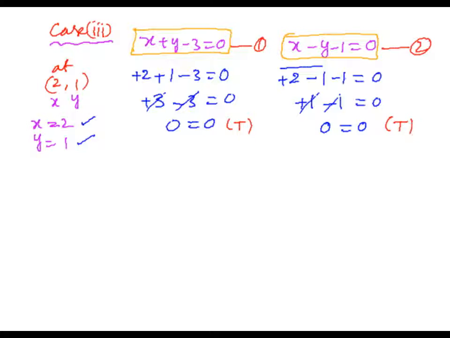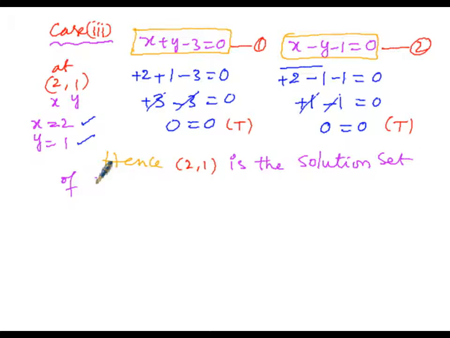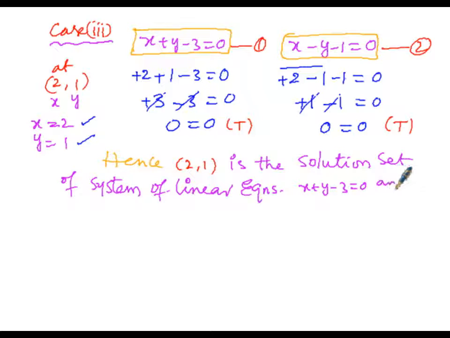So hence the ordered pair 2 comma 1 is the solution set of the system of linear equations, those where one has x plus y minus 3 equals 0 and x minus y minus 1 equals 0. So only this ordered pair 2 comma 1 is satisfying both the conditions, or both the linear equations.